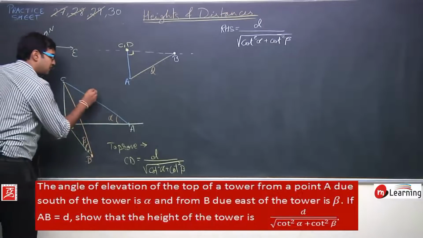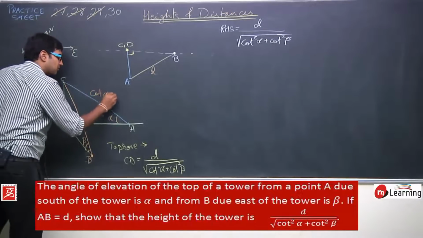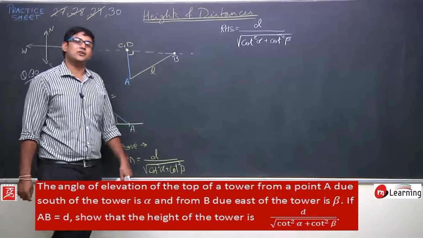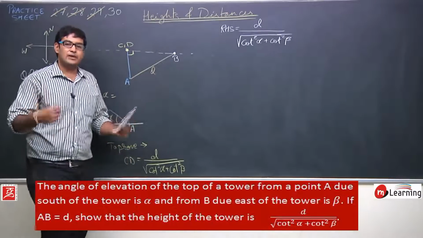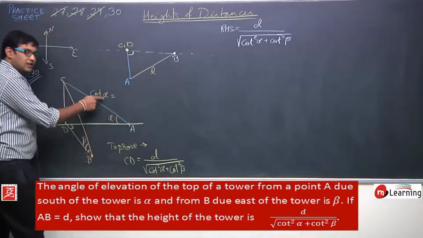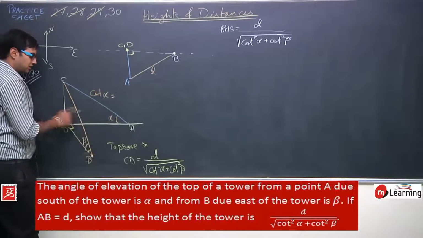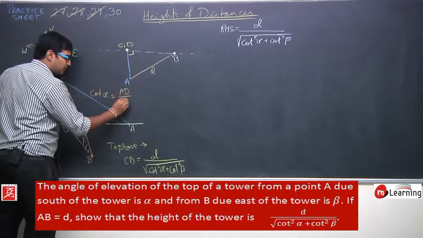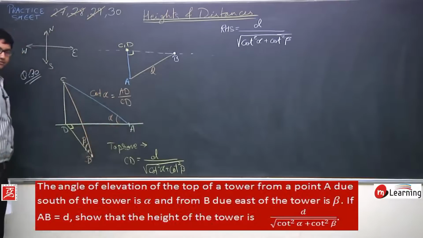So what will be the value of cot alpha? Cot alpha is equals to base upon perpendicular because tan alpha is perpendicular upon base. So its inverse is cot alpha. So cot alpha is base upon perpendicular, base is AD upon perpendicular is CD.